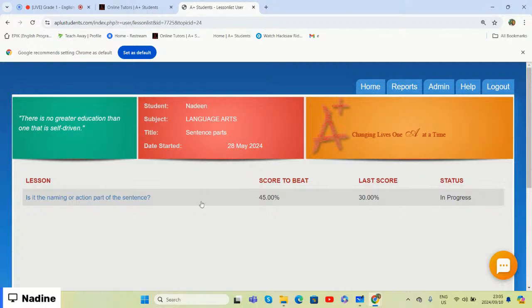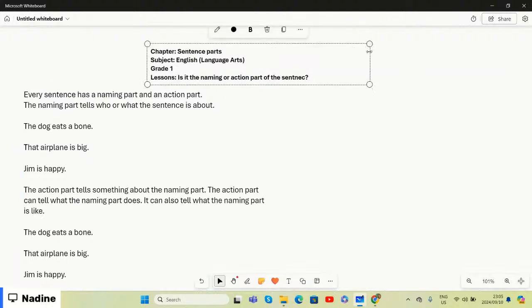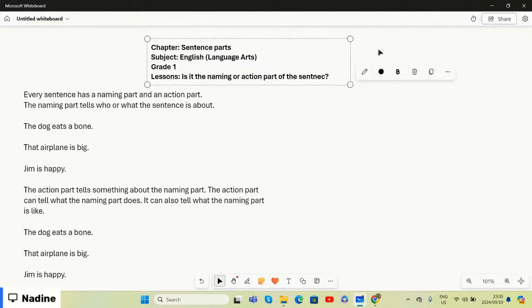All right, so our chapter is sentence parts. Our subject is English Language Arts. We're doing grade 1.